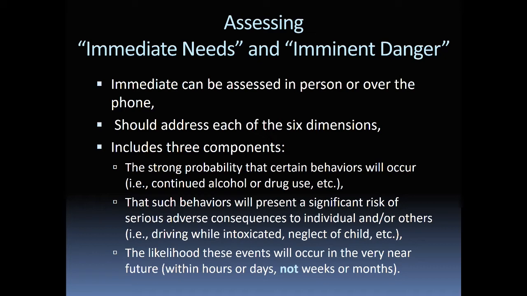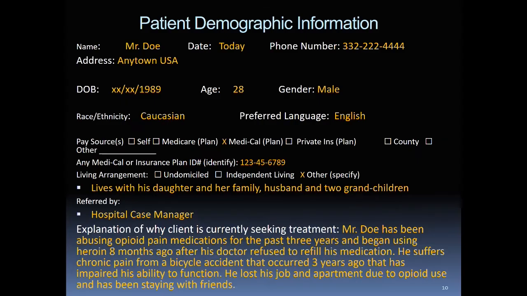Also, when you're talking about imminent danger, here we are looking for the most pressing issues that the client is reporting. And here we have the demographic information. Our system of care's version of this is very similar.